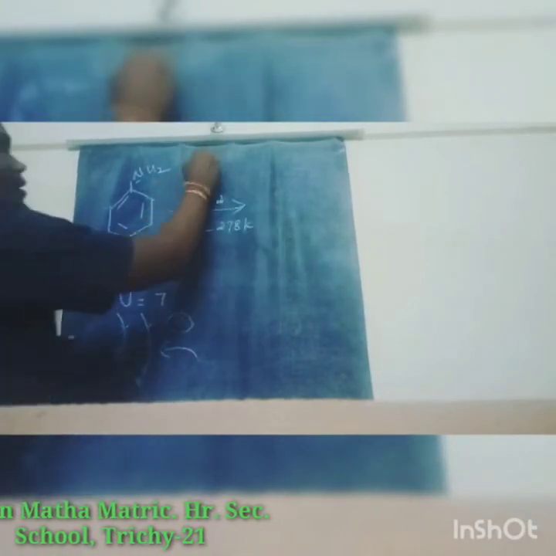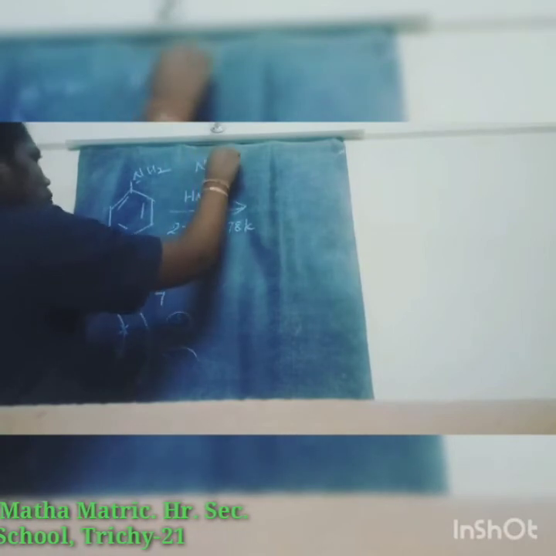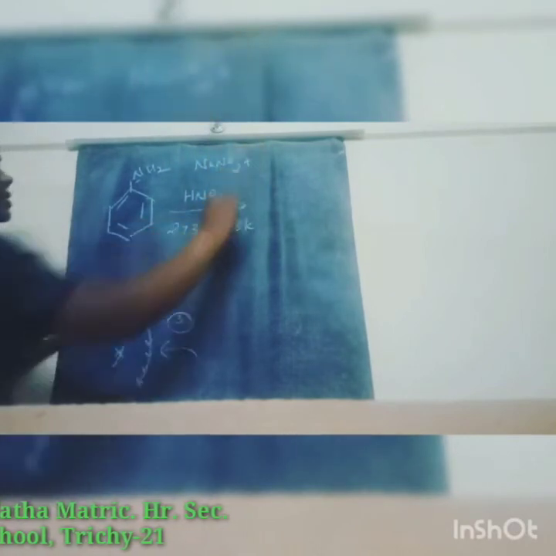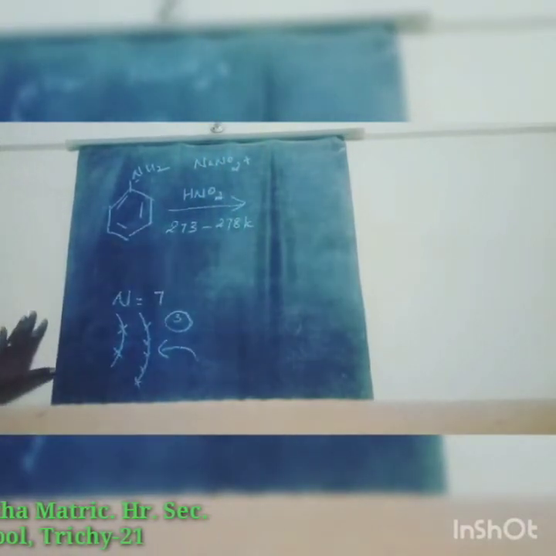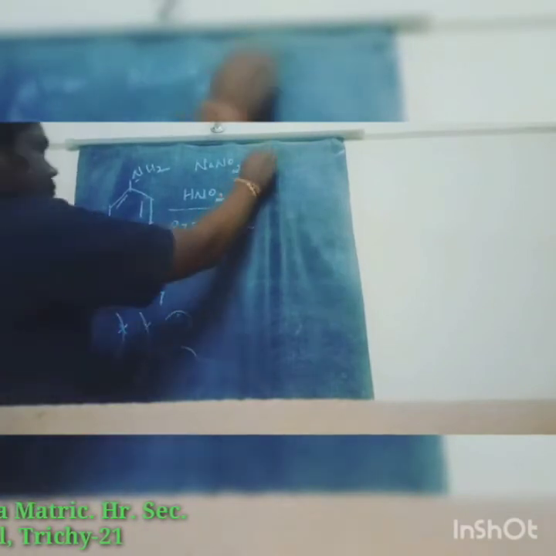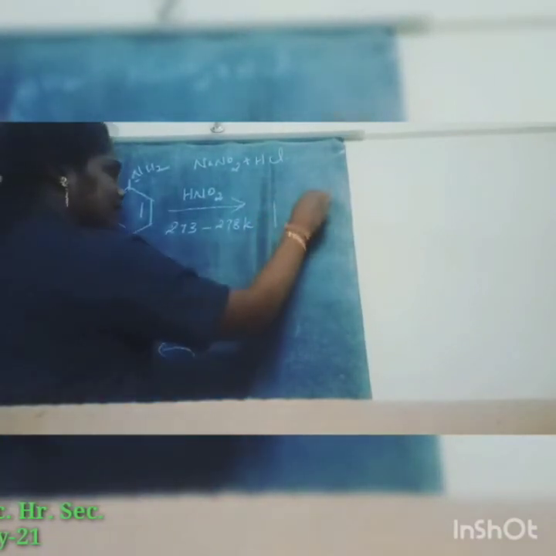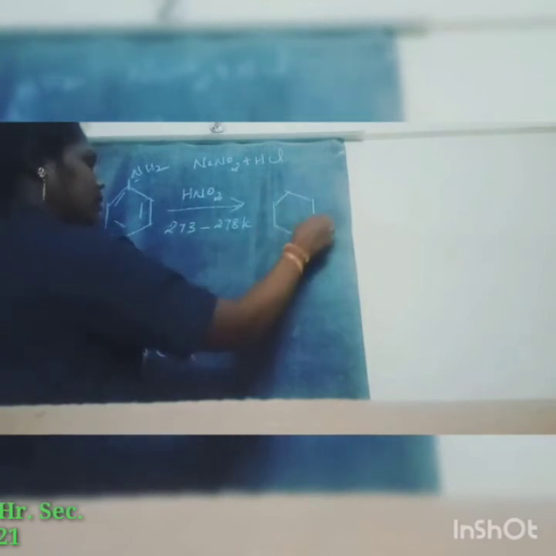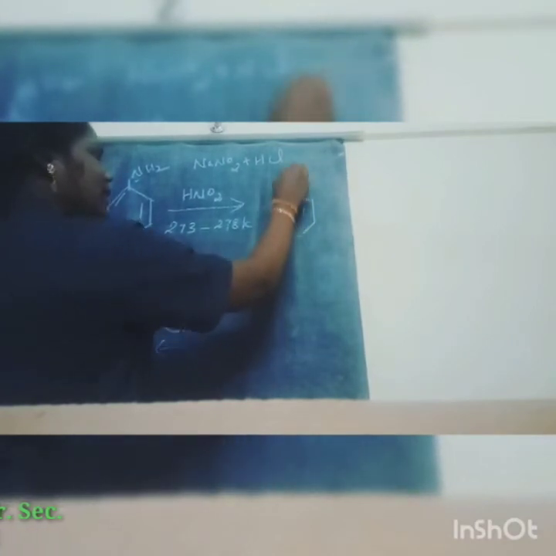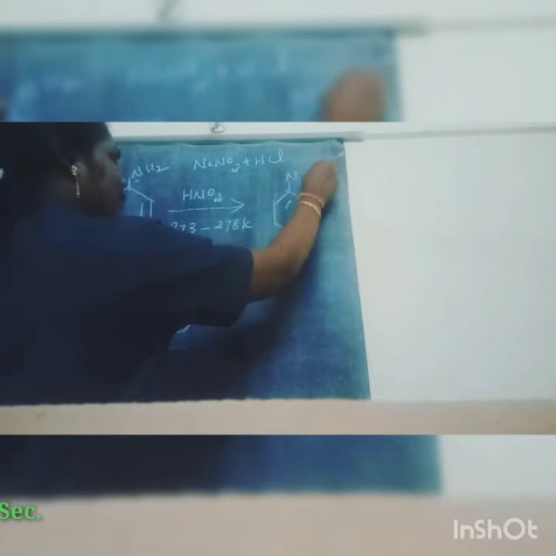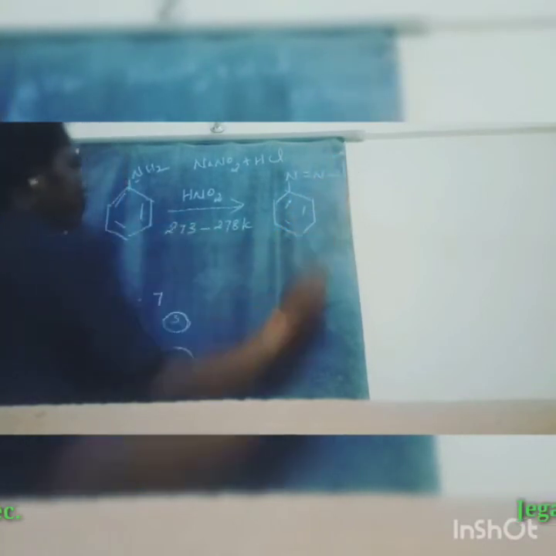So here NaNO2 and next one is what I said? So that is HCl. So here benzene diazonium chloride is formed. So that is benzene structure. Diazo means N double bond N, diazonium chloride. So benzene diazonium chloride is formed here.